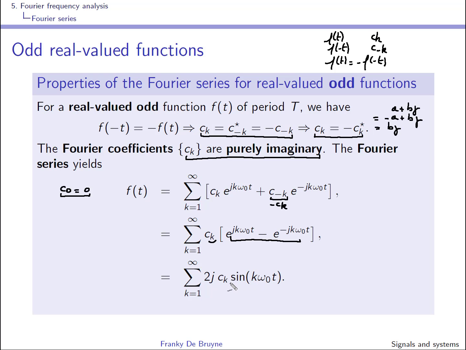Since ck is purely imaginary and you multiply it by j, 2j ck will actually be a real number. So we have decomposed a real valued odd function in a sum of sines at the fundamental and the harmonics. This is not a surprise because we expect that if we decompose an odd function, we find sines, because sines are odd functions. And again, it would be weird to have a cosine in the sum, because a cosine is an even function.